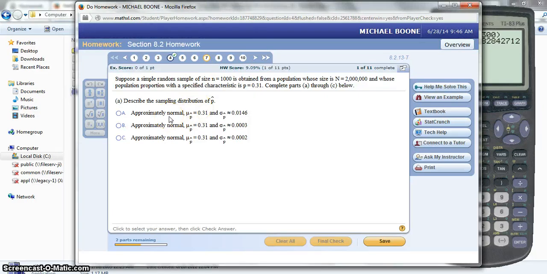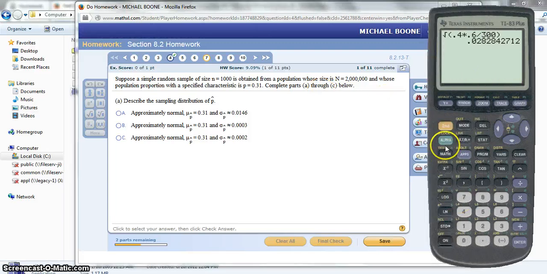So we're going to assume that it's approximately normal, and we could calculate this one real quick. So the standard deviation would be the square root of 0.31 times 1 minus 0.31, so 0.69, divided by our sample, which is 1,000.